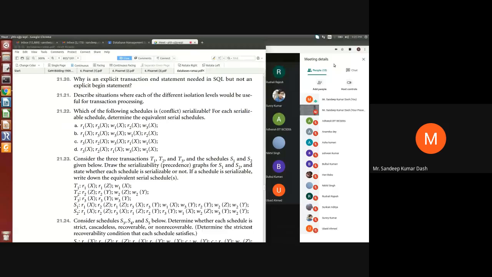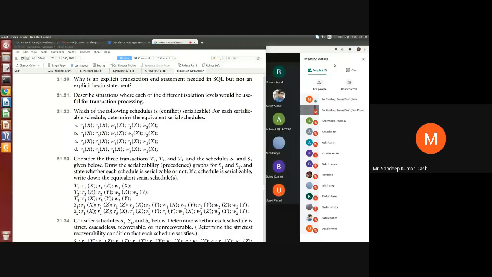C only is serializable. Rest all are non-serializable because there is at least one loop. For A, T1, T2, T3. The loop is T1 to T2, then T2 to T3, then again T3 to T1.